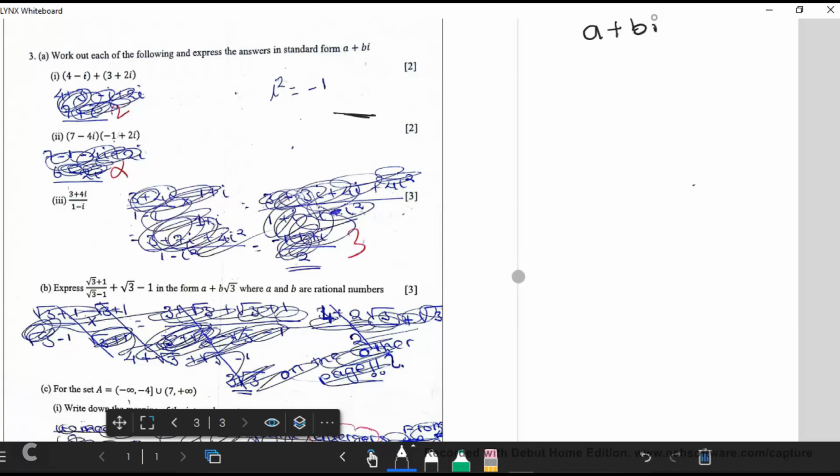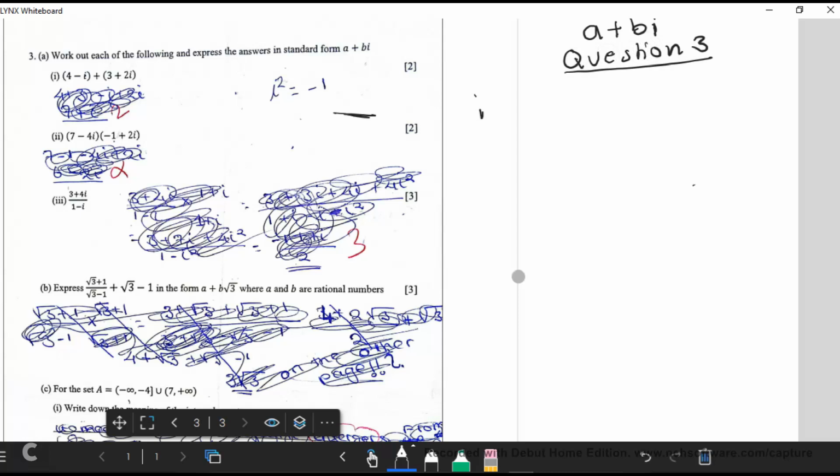So what are we doing here? We're expressing this in the form A plus Bi, in the form of complex numbers, right?